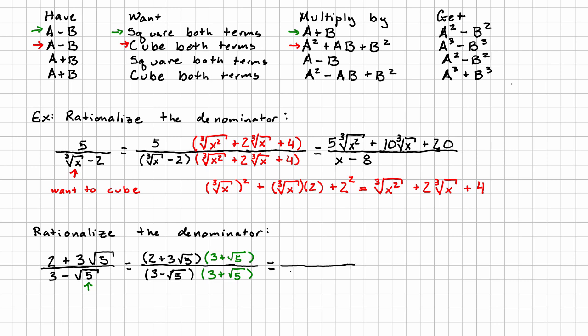So in my denominator, I'll have 3 squared is 9, minus root 5 squared is 5. In my numerator, I'll have 2 times 3 is 6, 2 times root 5 is 2 root 5, 3 root 5 times 3 is 9 root 5, and then 3 root 5 times root 5 is 3 times 5 is 15.